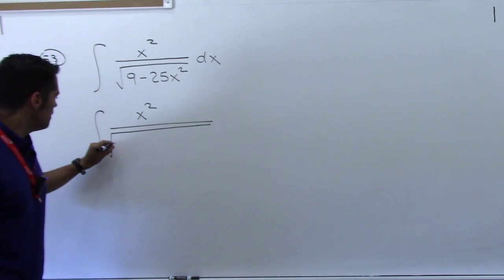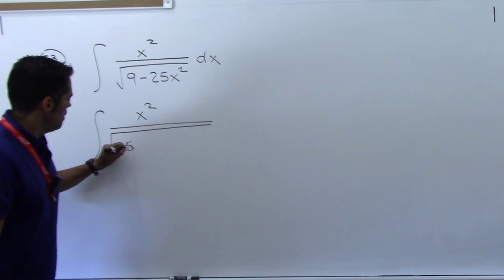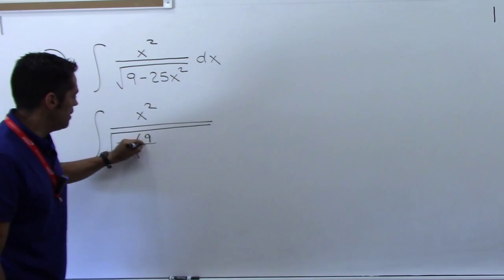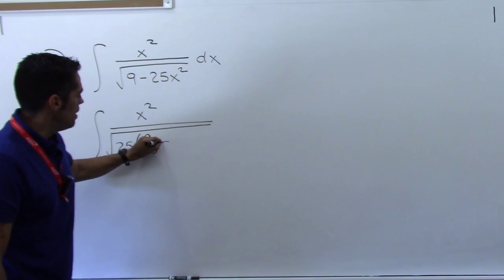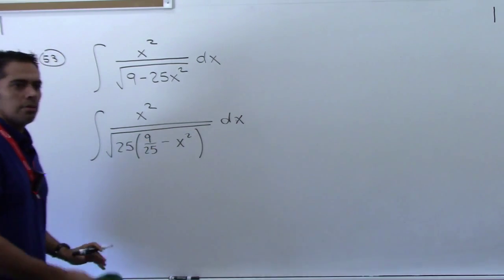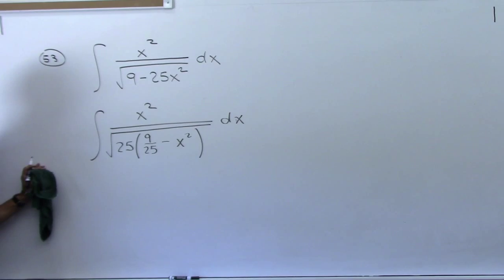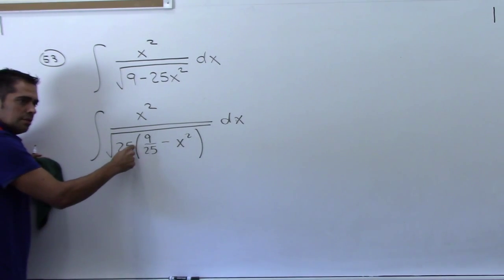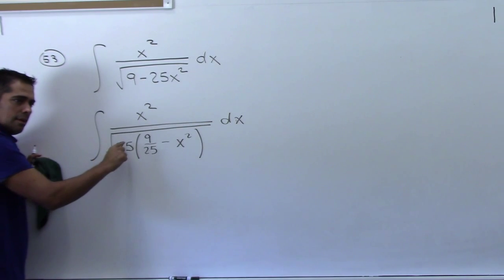I'm going to factor 25 out, which means that this can't be a 9 anymore. It has to be 9 over 25. And then minus x squared dx. Do you agree that's the same thing? And then this root 25, since that's multiplication, can actually come out as a square root of 25, which is 5.